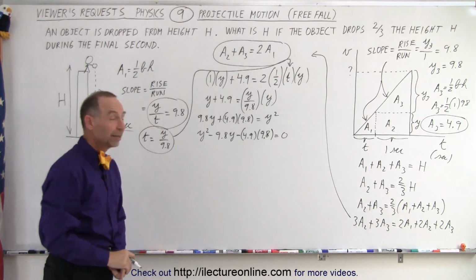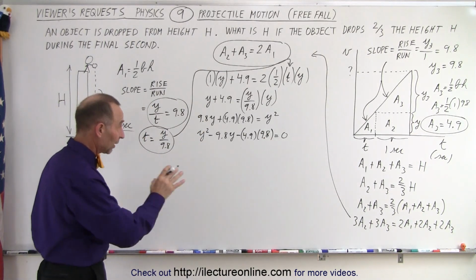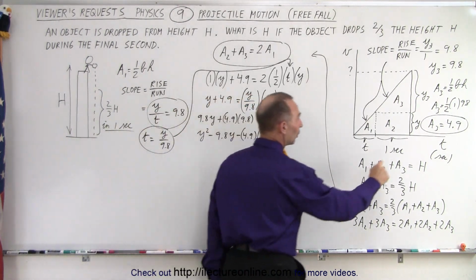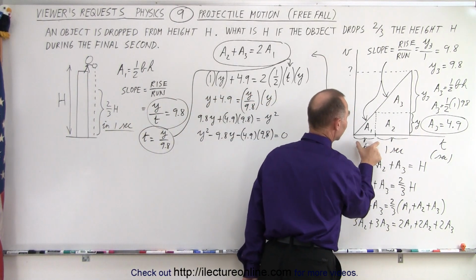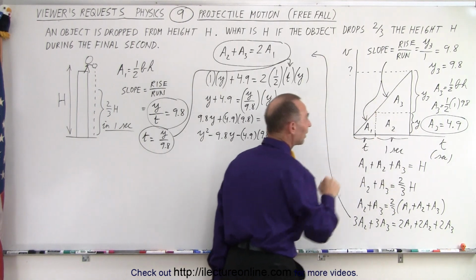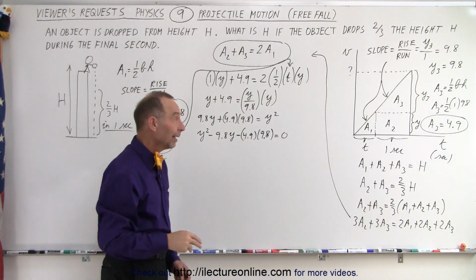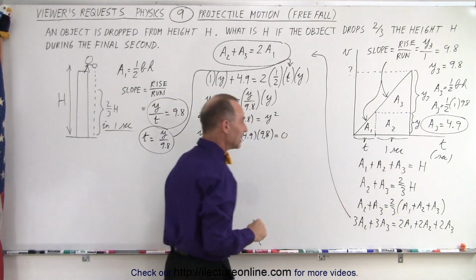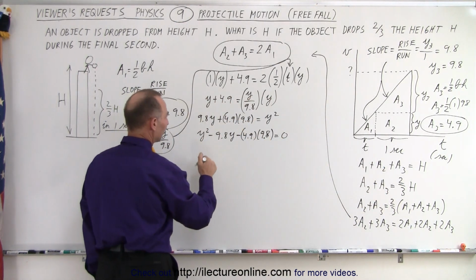There we go. Now we have a quadratic equation that I can solve with the quadratic formula. Essentially, I need to know what y is equal to, then I'll know what t is equal to, and then I'll know the values for A1, A2, and A3, and I can figure out the total height by summing them all up. That's the idea here. So first we need to find the value for y.